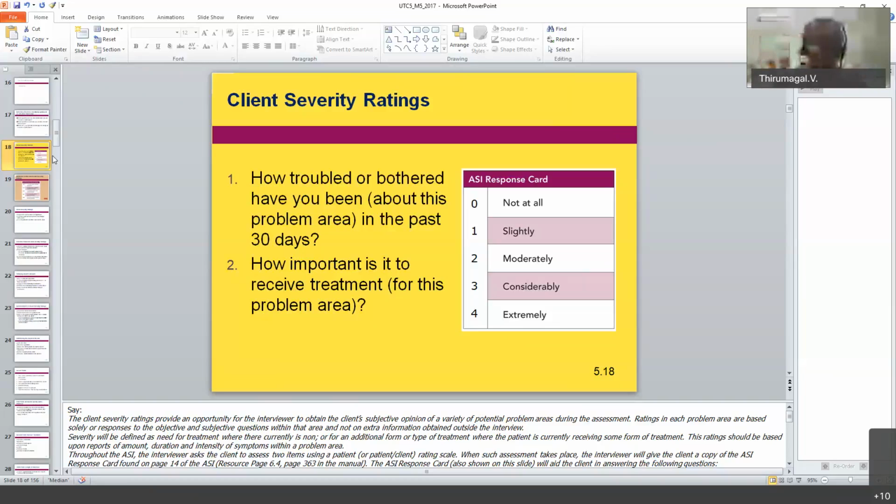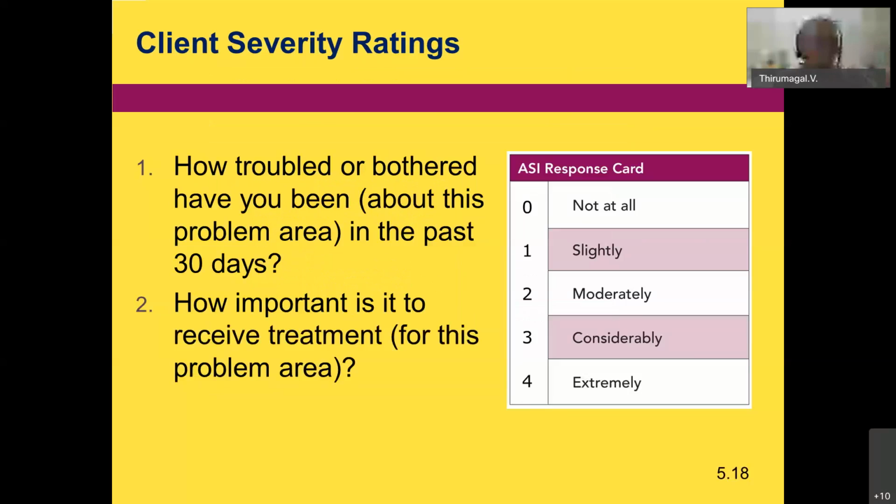At the end of it, we'll ask the question, how bothered or how troubled have you been by medical issues in the past 30 days? In the section, we would have discussed whether you have any medical issues, have you been sick, did you have a cold, all the details we'll ask. We want the client's impression about how much he was affected because of these health problems.